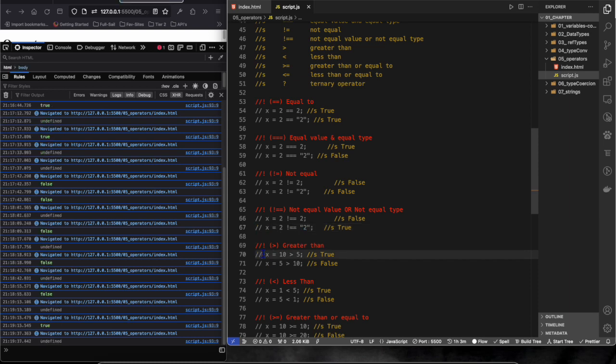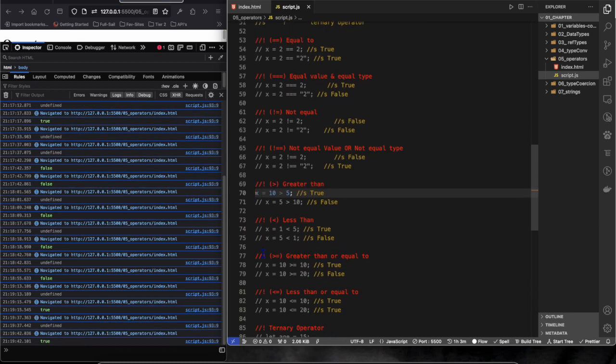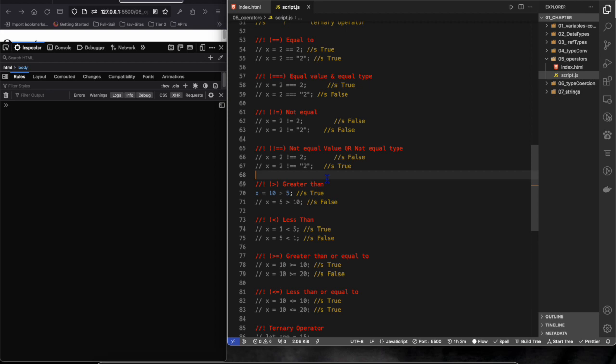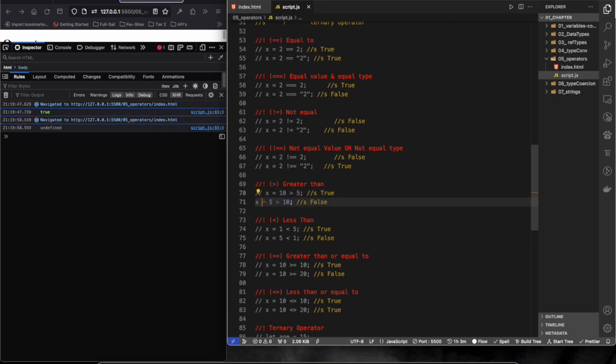So next we have the greater than symbol, which everyone knows what that is. We have x equals 10 is greater than 5, so that would be true. And as you can see, the symbol for that is the right arrow. Now below it we will show a false one.